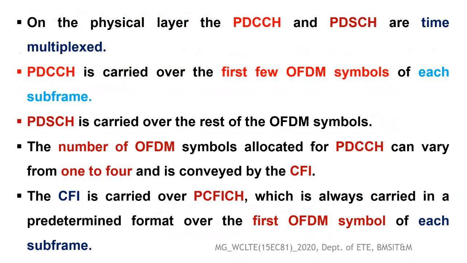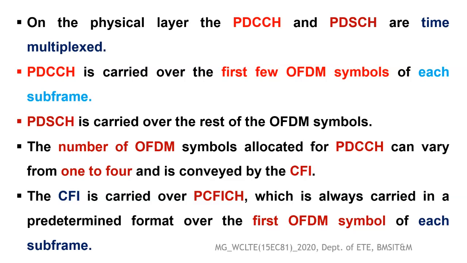As I said, in LTE there are 10 subframes in one frame, and the duration of one subframe is 1 millisecond. In each subframe there are 2 time slots, and one time slot will have 7 OFDM symbols. This PDCCH takes the first few OFDM symbols of each subframe, and the rest of the OFDM symbols will be taken by the PDSCH.